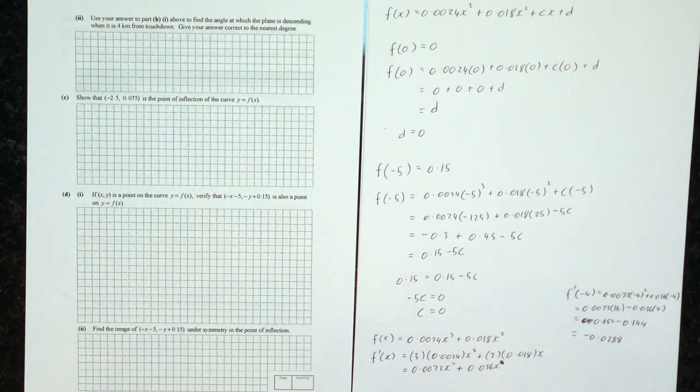Part 2 says, using your answer from B Part 1, find the angle at which the plane is descending when it is 4 kilometers from touchdown. Give your answer correct to the nearest degree. So we want to find the angle of descent.